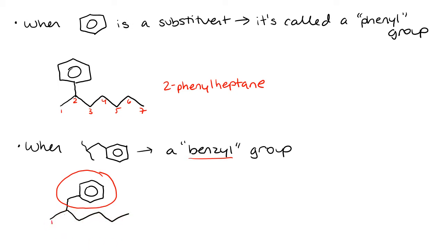So we have 1, 2, 3, 4, 5, 6 carbons. We have our benzyl group, which is the benzene ring with the CH2 attached. So we have 2-benzyl. Then our longest chain is 6 carbons, so we have hexane.